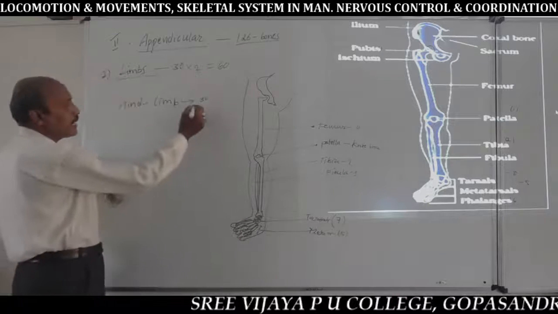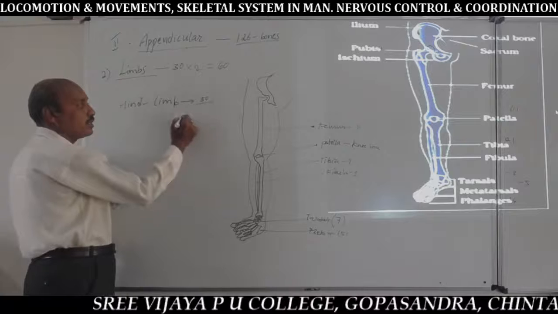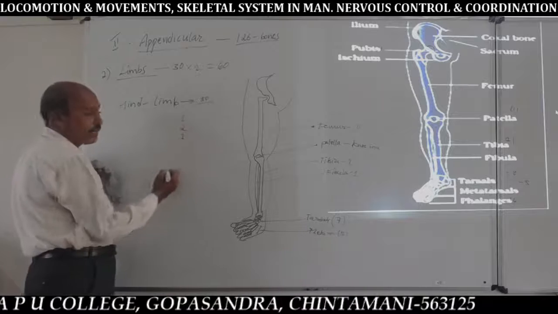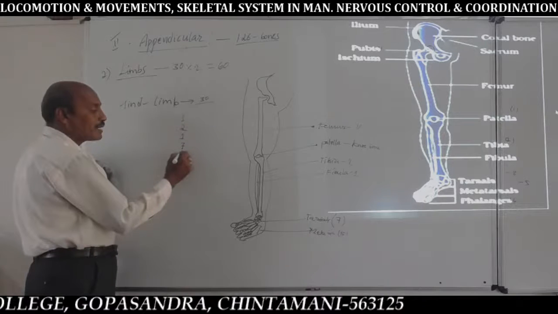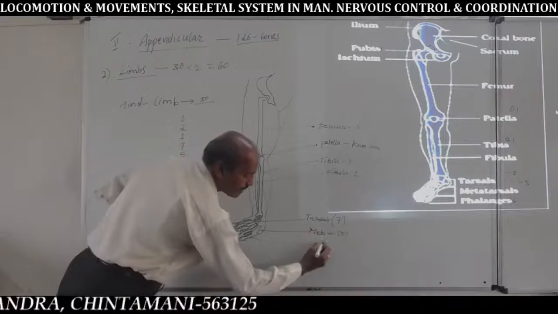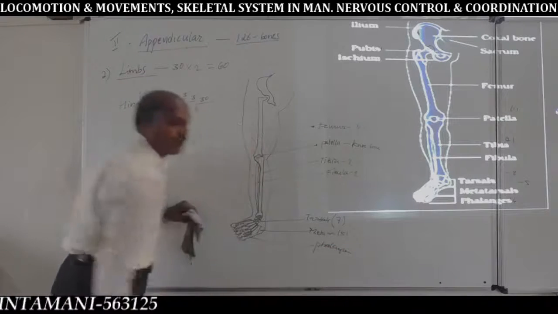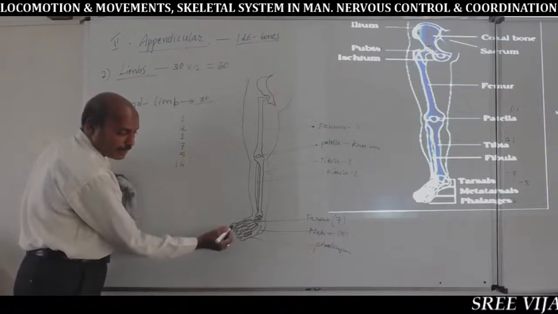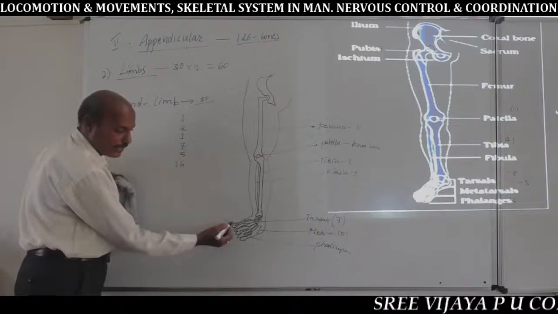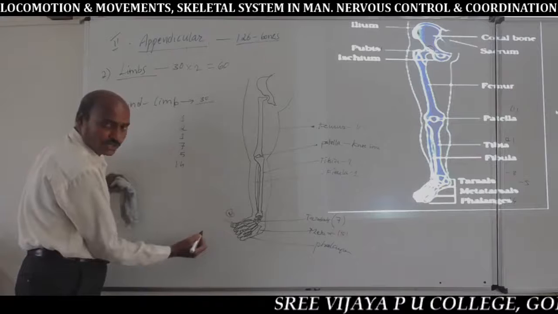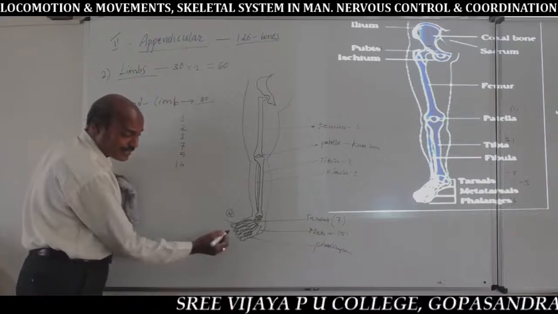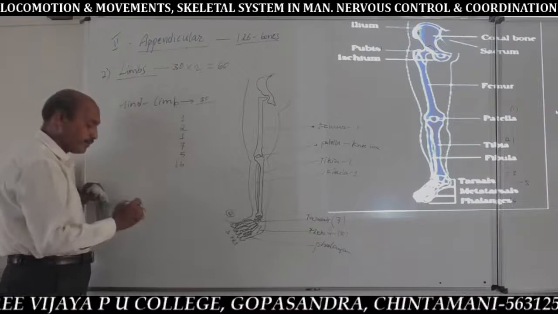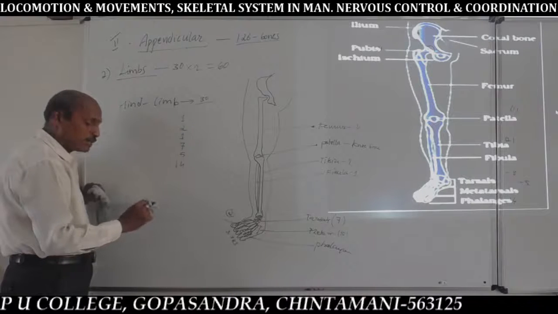As a result, each hind limb has 30 bones. That is, one femur bone, tibia and fibula 2, knee bone 1, tarsals 7, metatarsals 5, and phalanges 14 in number. In the main toe, the big toe, 2 phalanges, while the remaining toes have 3 bones each, like the fingers of the forelimb, except the thumb.